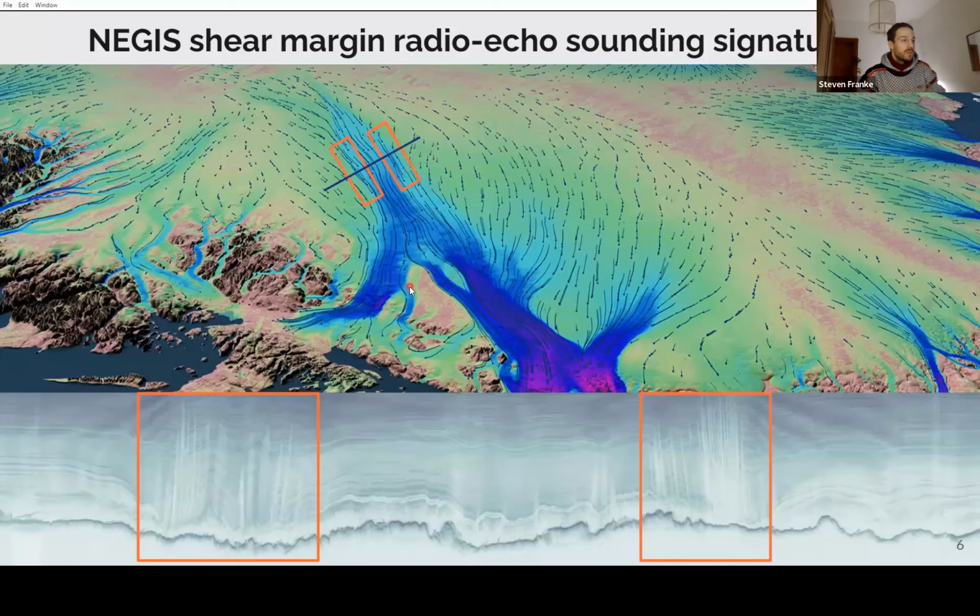And because of these observations, we consider this signature in the radar data as a clear marker for ice flow activity, or at least for this style of ice stream activity.